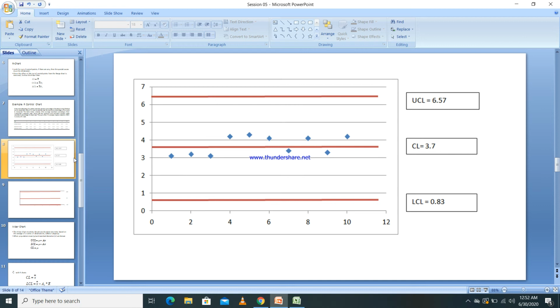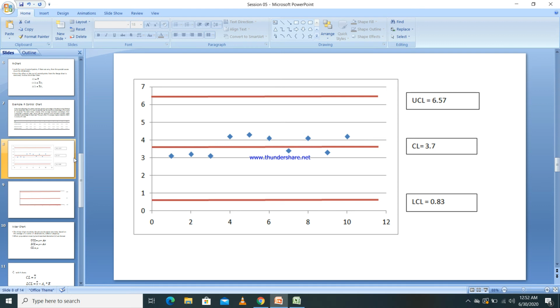I will just explain the basics of how to construct your R chart and how to identify whether your process is in control or out of control, right? So in this case, since all the points are within the lower control and upper control limit, we can consider our process is in control.